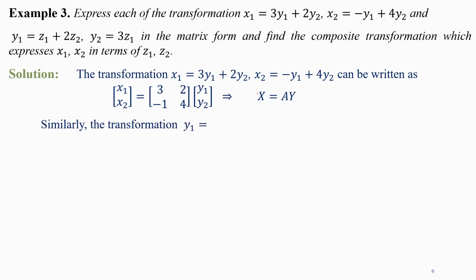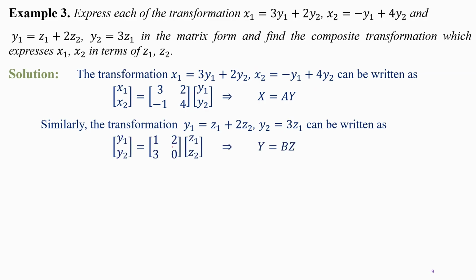Similarly, the transformation y1 = z1 + 2z2, y2 = 3z1 can be written as y1, y2 equal to [1, 2; 3, 0] into z1, z2. Here, y is the linear transformation of z. Now, if you want to find the composite transformation, x is a linear transformation of y, and y is a linear transformation of z.